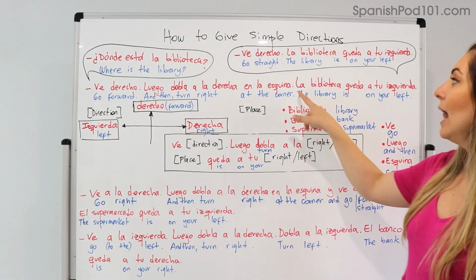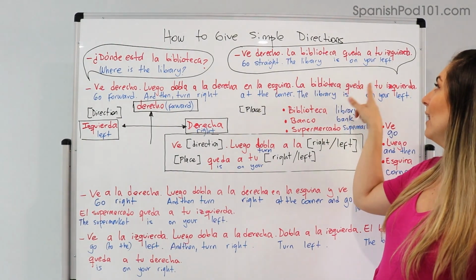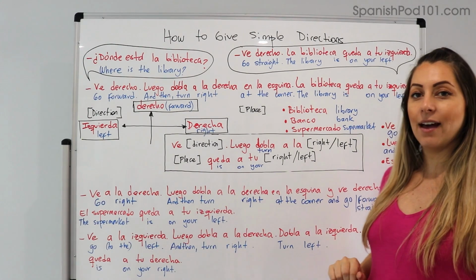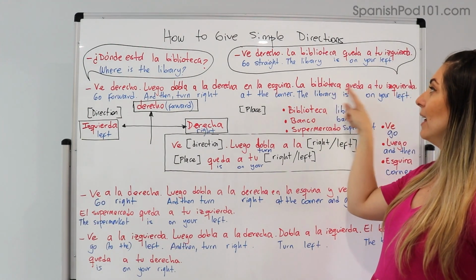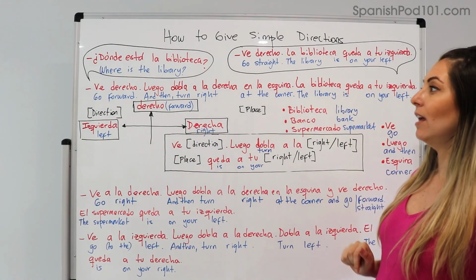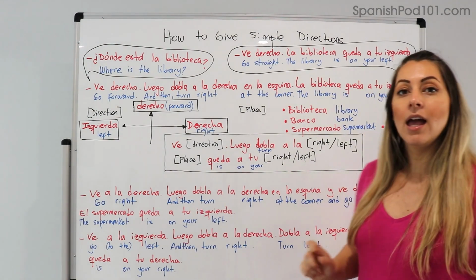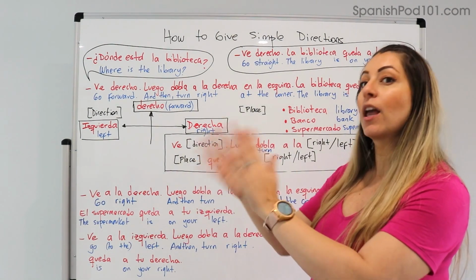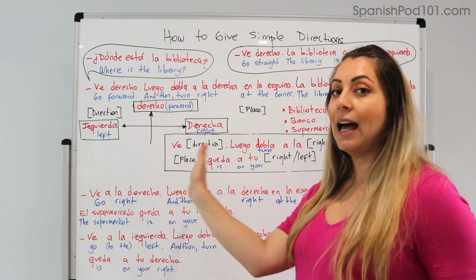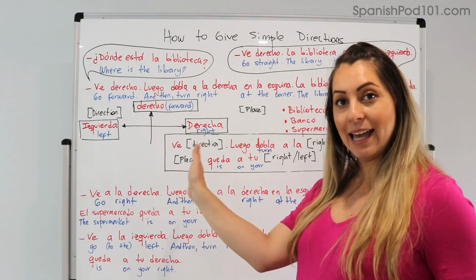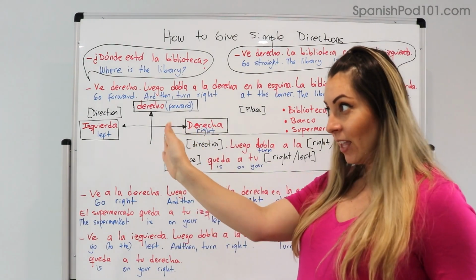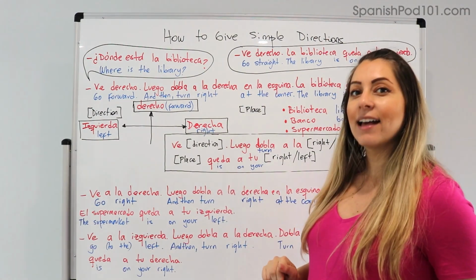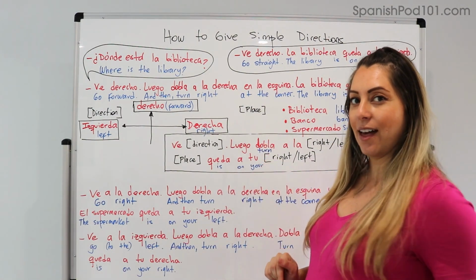Esquina. La biblioteca queda a tu izquierda. Ve derecho, luego dobla a la derecha en la esquina. La biblioteca queda a tu izquierda.